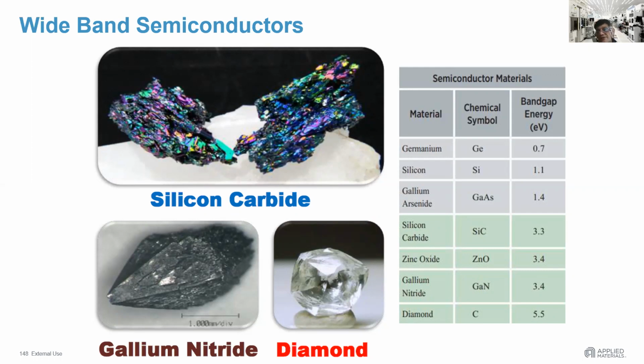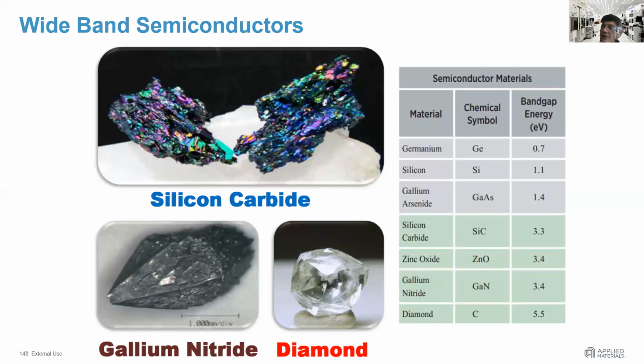And the beauty of these devices is that they actually have a far higher band gap energy. And band gap energy is the energy for taking that electron in the outermost shell of an element and ejecting it into a reaction.